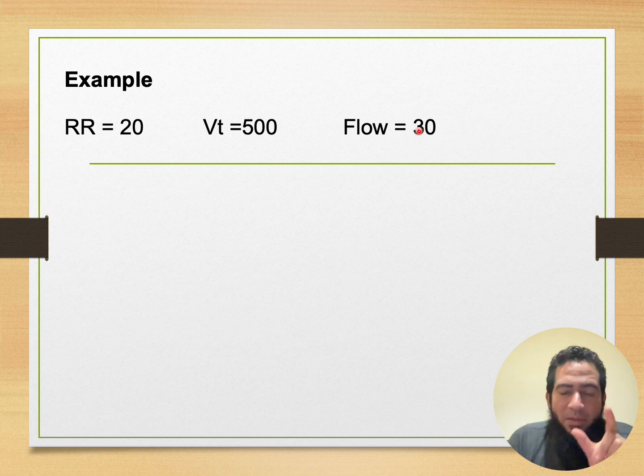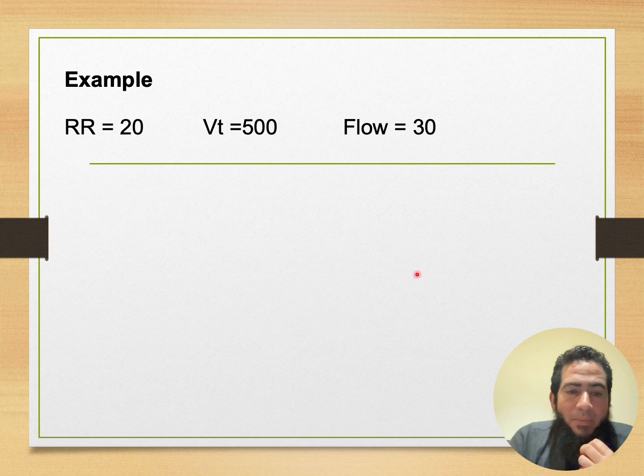So 30 liters per minute means half a liter in each second. You divide the minute by 60, that means 1 second, and you divide the 30 liters by 60, that's half a liter, 0.5. So 0.5 liter in 1 second.